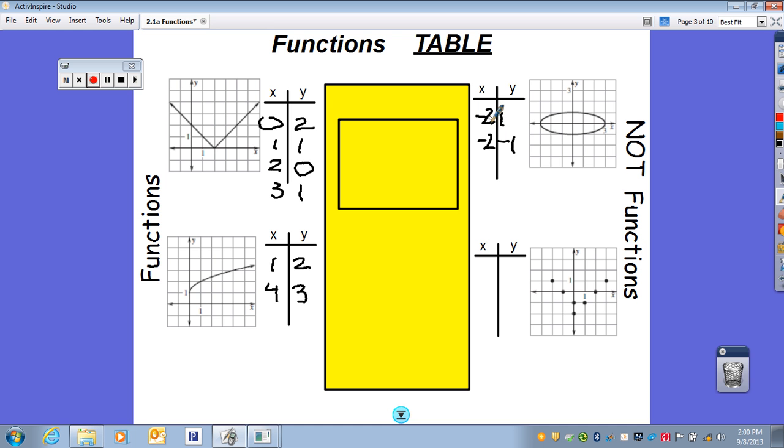Now notice that we have two x values. These are exactly the same x value, but the output, or the y value, is two different y values. So for one x, we had two different y's. How about down in this graph? Let's put a couple of points in the table. Let's put these two that are stacked on top of one another.